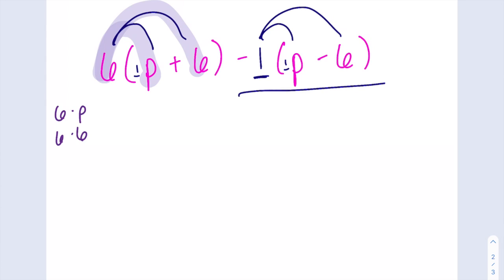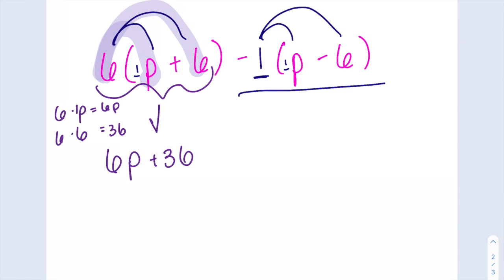So 6 times p is just 6p. There's a 1 in front of that p, which we've been talking about a little bit, and 6 times 1 is 6. So we simply have 6p. 6 times 6 is 36, so I have plus 36. This is my first set of parentheses. I finished my distributing there.